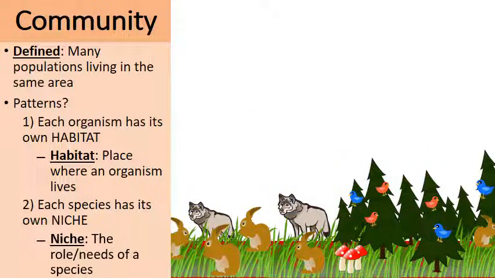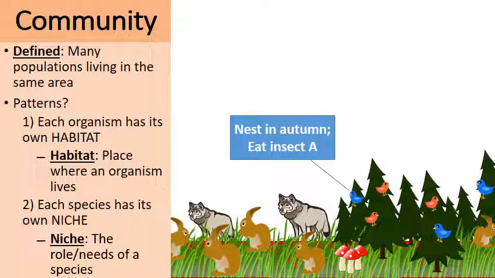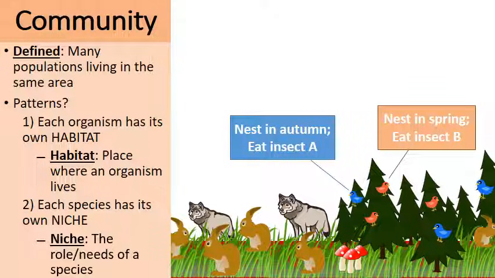We look at those birds. Not only are the birds maybe omnivores, because maybe they eat insects and also berries, but part of their niche is also perhaps the blue ones will build their nest and lay their eggs in the autumn, and they eat insect A. And living in the exact same trees might be these other birds, and you would think they'd compete with one another.